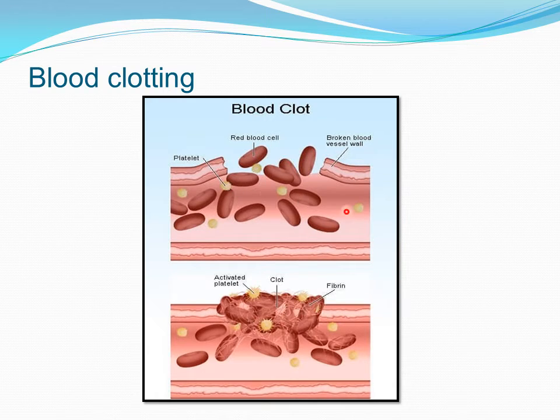These white things are the blood platelets, which come in contact with the environment, or we can say they are coming in contact with the air. They liberate a chemical called thromboplastin, which helps in the formation of an enzyme called prothrombinase.